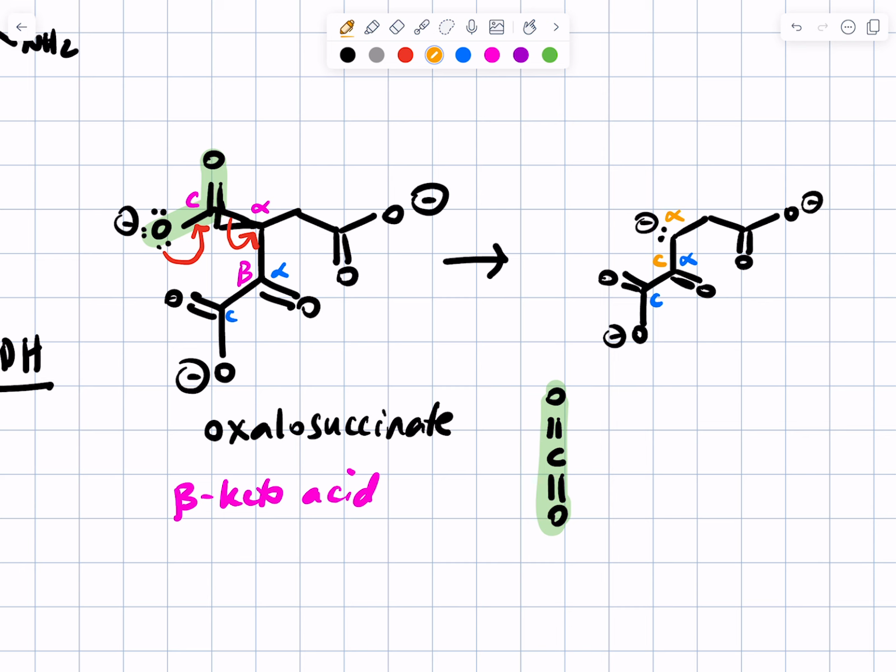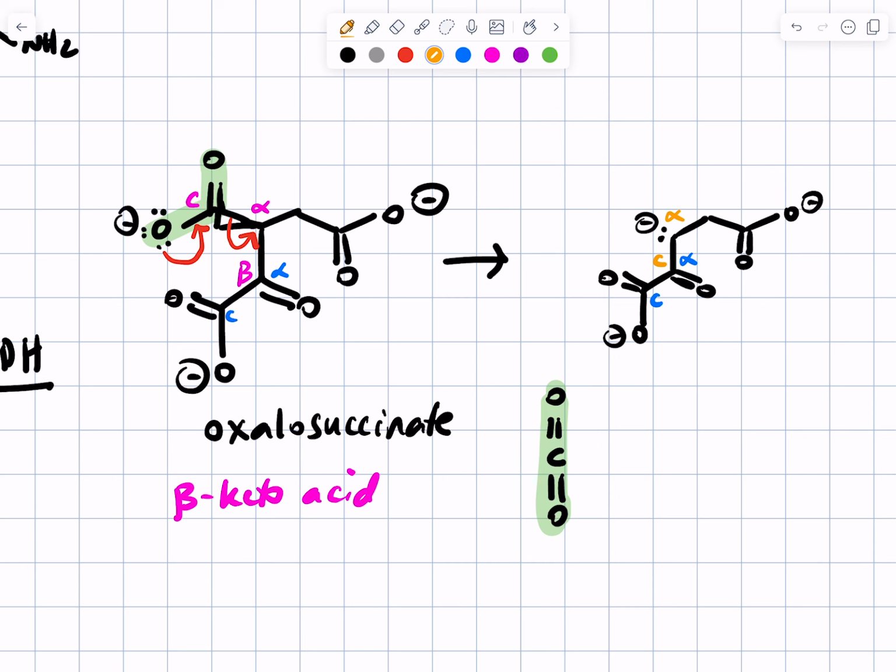In fact, the complex of enzymes that catalyzes this reaction is called the alpha ketoglutarate dehydrogenase complex. As we saw before with the pyruvate dehydrogenase complex, this reaction is going to depend on TPP as an intermediate, thiamine pyrophosphate.